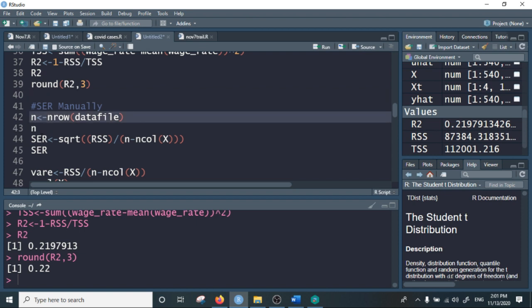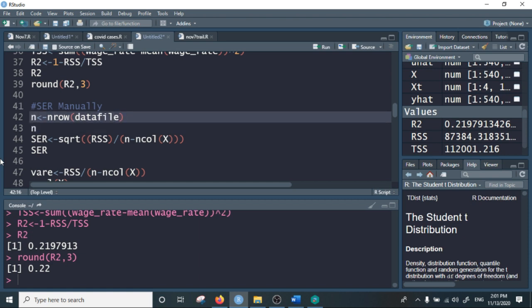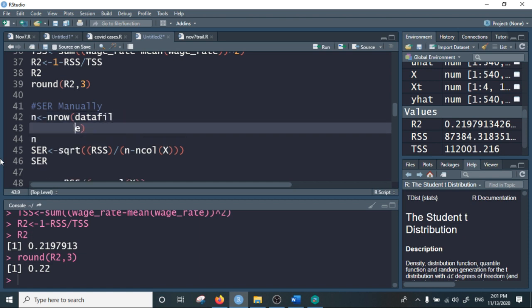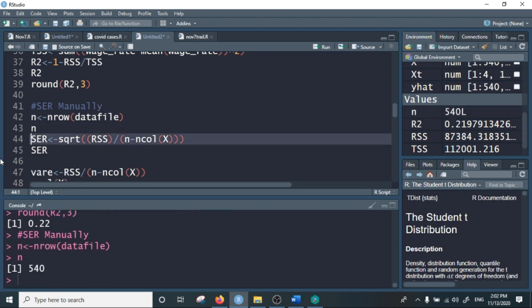So we first define n as the total sample size, and this can be defined as n equals the number of rows in our data file. So number of rows and the name of the data file defines the total number of observations, and in our case it is 540.